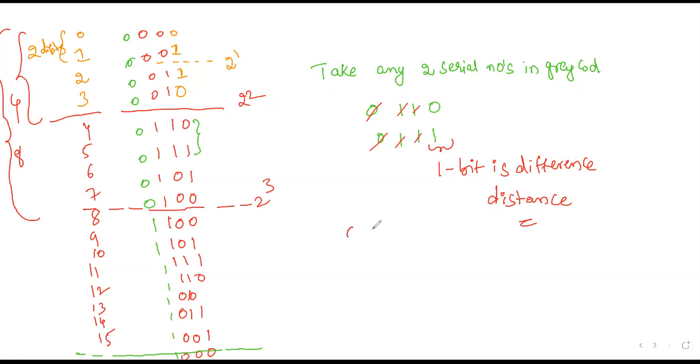If I give you two numbers like this, what is the distance between these two numbers? You need to identify how many bits are different. What is the distance here?